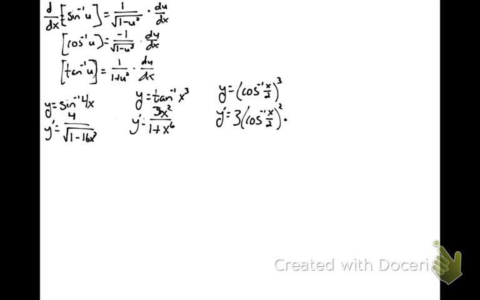Well, the derivative of inverse cosine is negative 1 over the square root of 1 minus, it'll be x over 2 squared, so 1/4 x squared, times the derivative of x over 2, which is 1/2, and we can clean that up at another time.